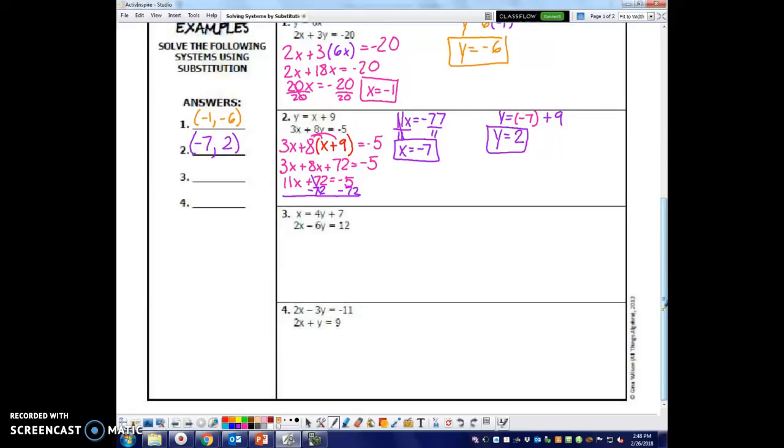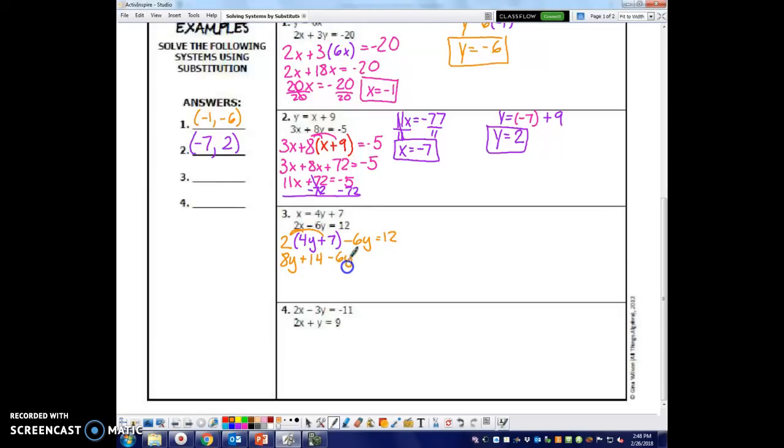Number 3. Doing it again. So this one is at x equals. That means we're not going to plug in for y, we're going to plug in for x. So we have 2 times 4y plus 7, minus 6y equals 12. 2 times 4y is 8y. 2 times 7 is 14.